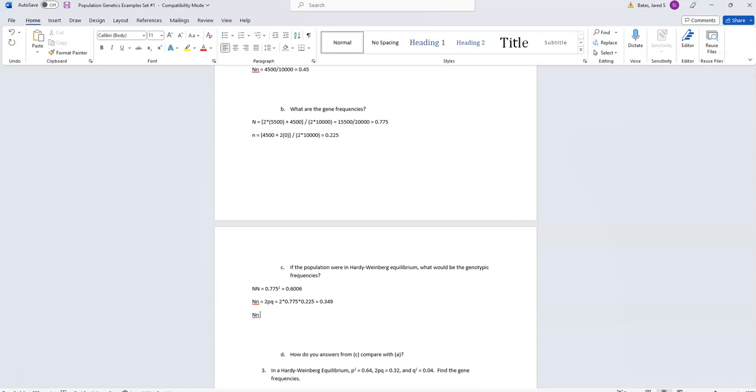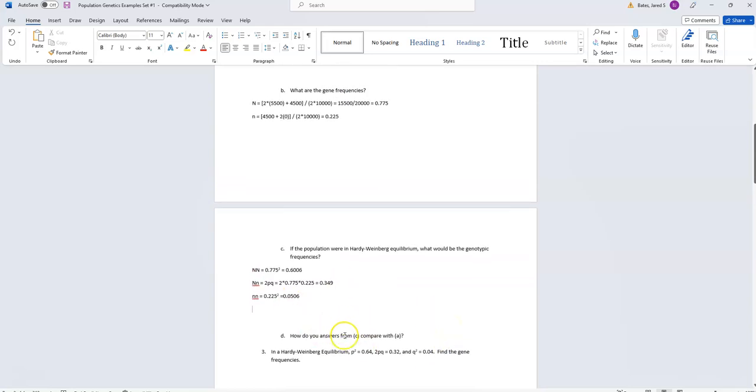And then little n will be 0.225 squared, which equals 0.0506. And so those are your Hardy-Weinberg equilibrium frequencies.